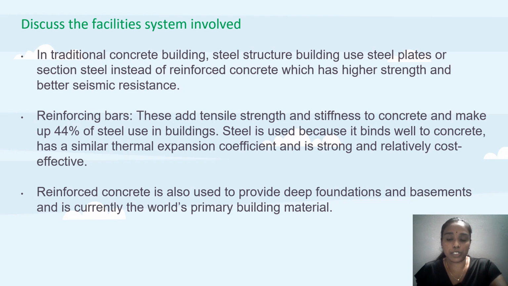Steel is used because it bonds well with concrete, they have similar thermal expansion, and it is strong and relatively cost effective. Reinforced concrete is also used to provide deep foundations and basements and is currently the world's primary building material.